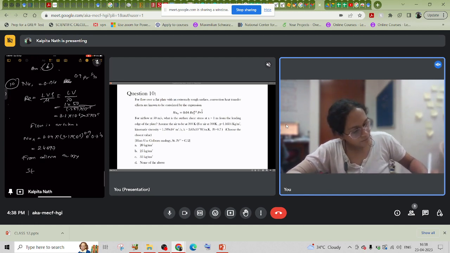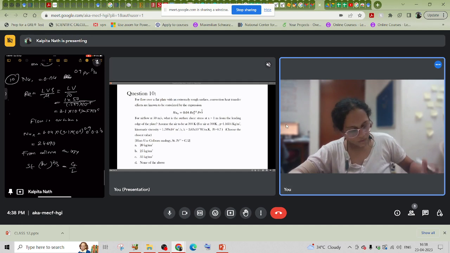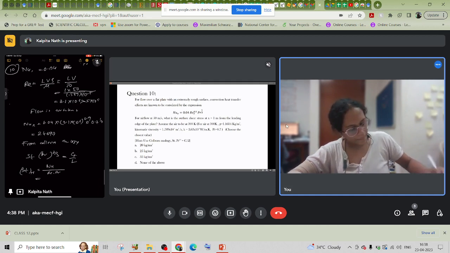So Stanton number for heat transfer is equal to Nusselt number by Reynolds number into Prandtl number. The Nusselt number we found is 24697 upon 3.1 into 10 to the power 6, and the Prandtl number is 0.7.